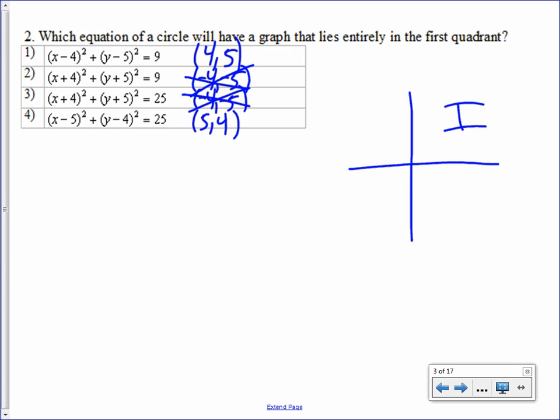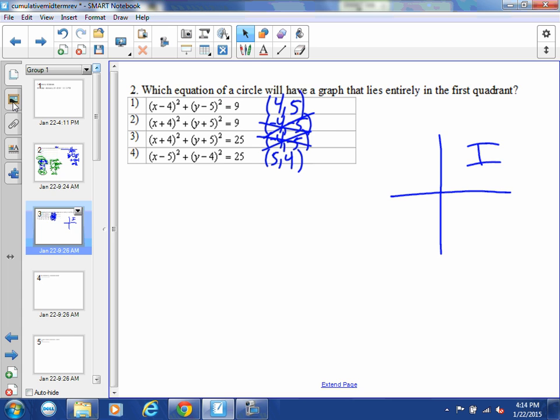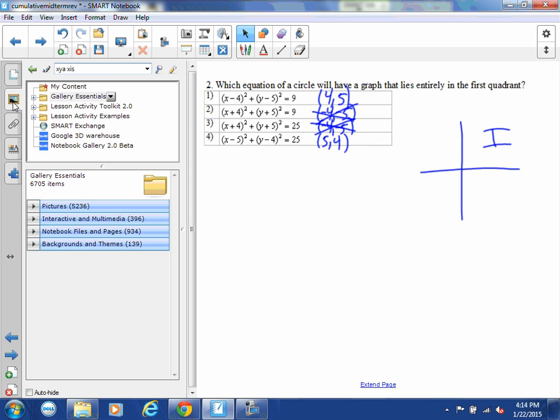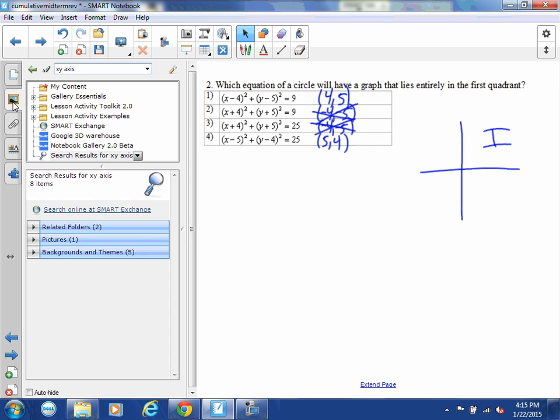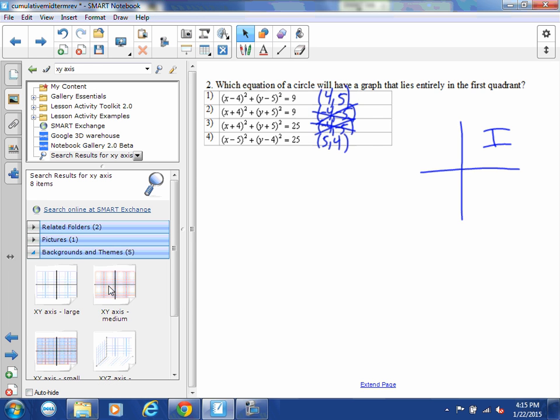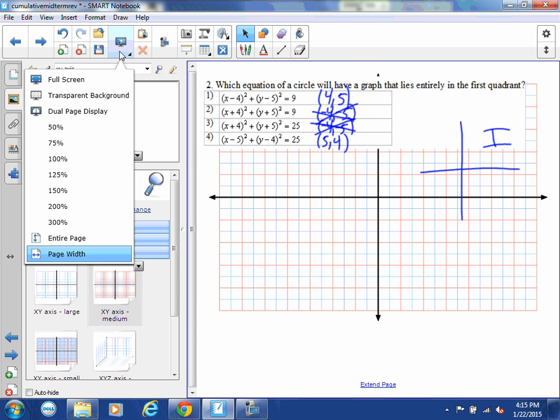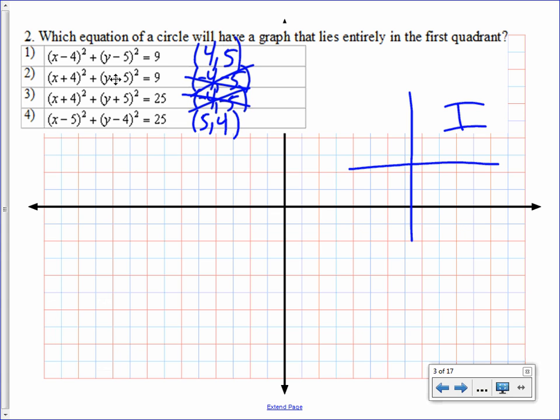Using a piece of graph paper will be helpful. So let me pull one up. Let's get my graph up here. Remember, you will have plenty of graph paper on your Regents exam. So let's take a look at each of them. If the center is 4, 5, and the radius is, in this case, 3, the square root of the right-hand side.